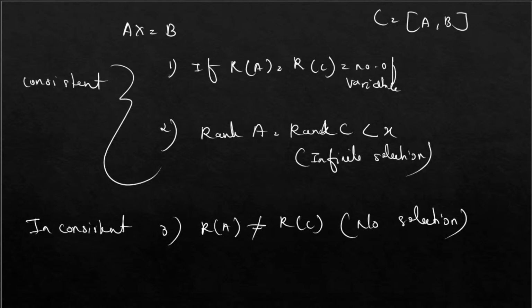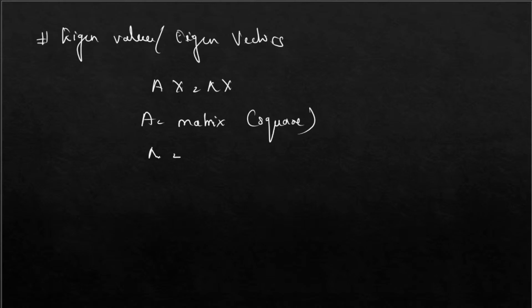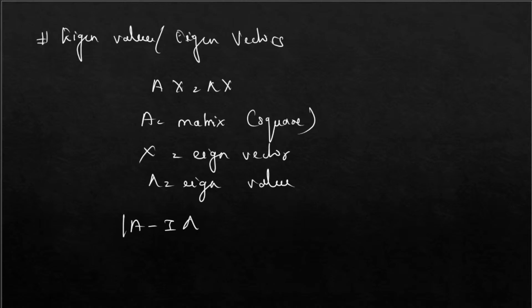Okay, so now let's see eigenvalues, eigenvectors. So Ax is lambda x, A is a square matrix, x is the eigenvector, lambda is the eigenvalue. (A minus lambda I) into x equals 0.